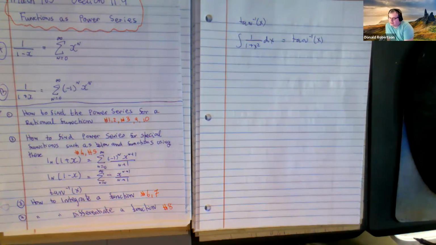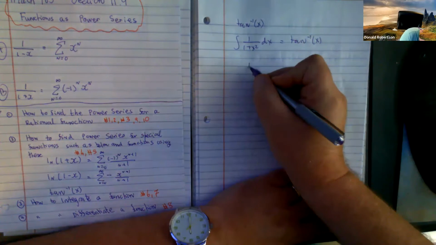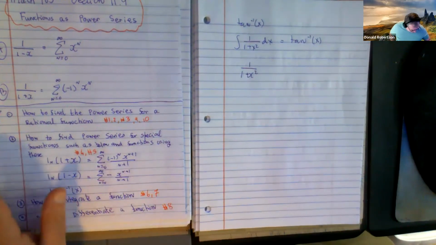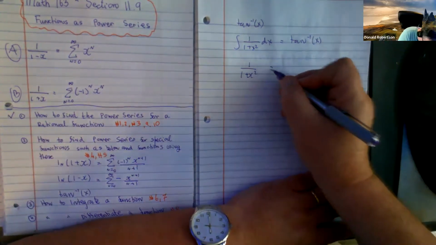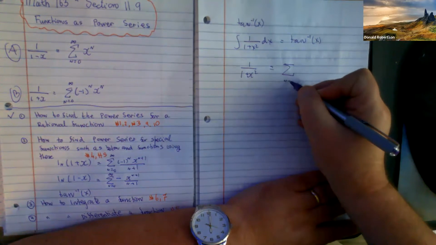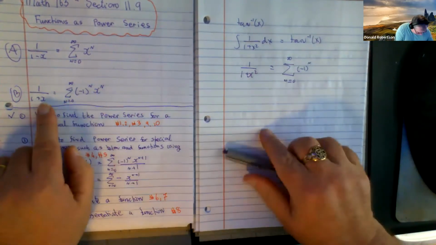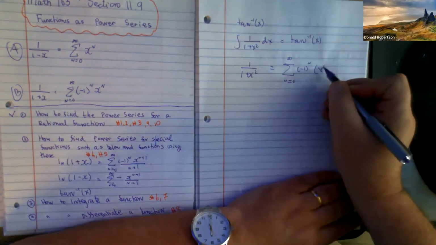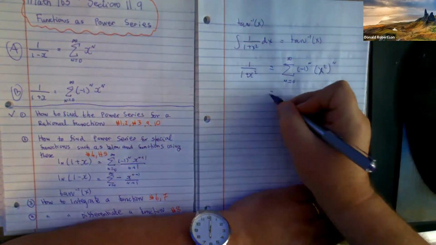You agree? Right. Now, my starting point is going to be that guy then, which means formula B. So he is going to be sigma n equals 0 to infinity, negative 1 to the n, but instead of x, I'll now use x squared to the n. And then make it look pretty.